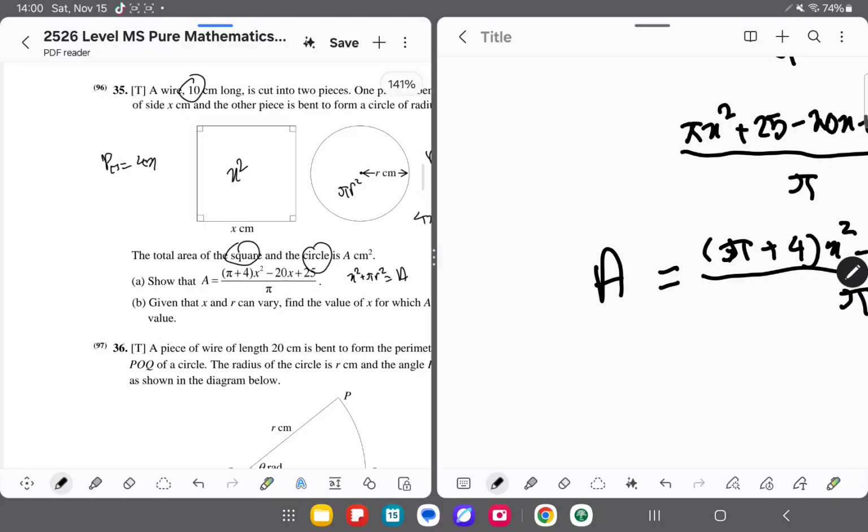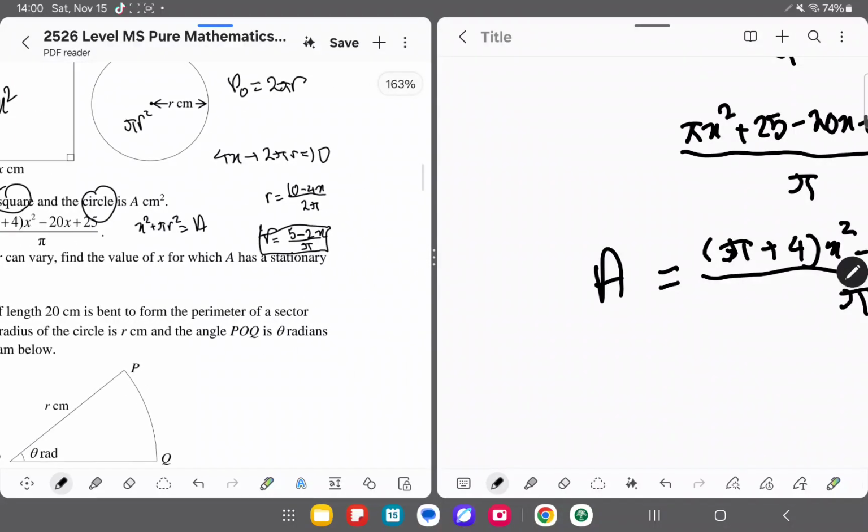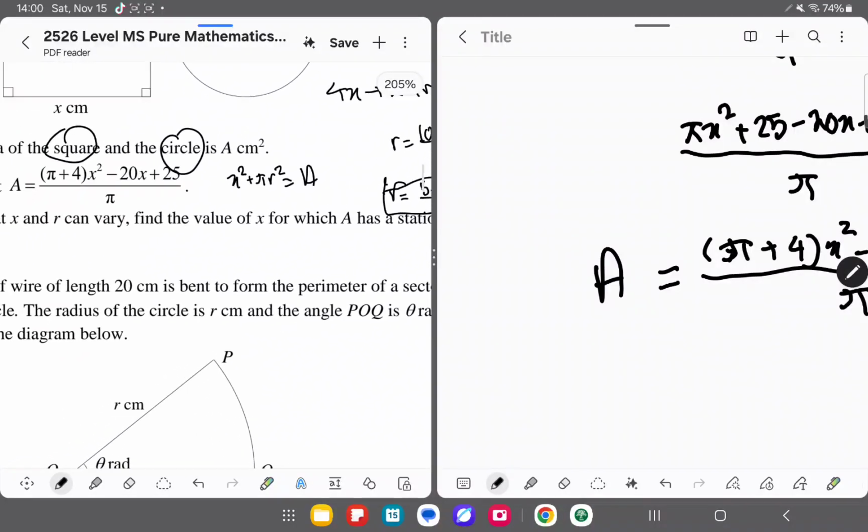Now they want us to find the value of x for which A has a stationary value.